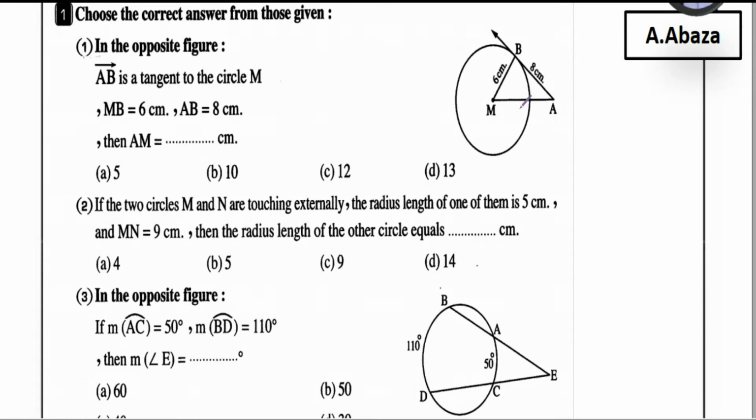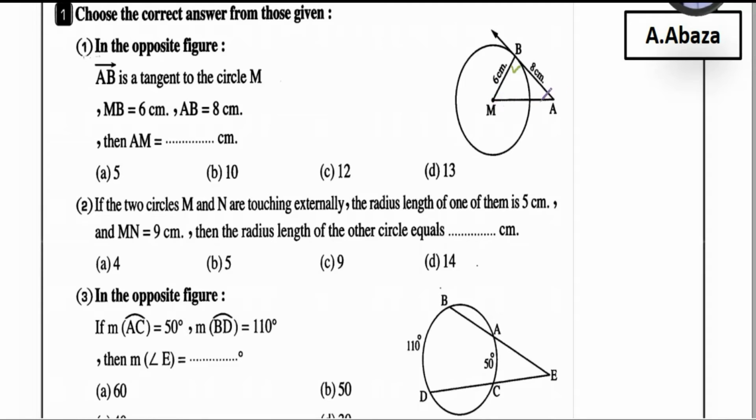Yes, very good. Look at this. MB, this radius, is perpendicular to the tangent AB. So you have here an angle of 90 degrees. By using the Pythagorean theorem, this side is 8 and the other side of the right angle is 6. What is the length of the hypotenuse?